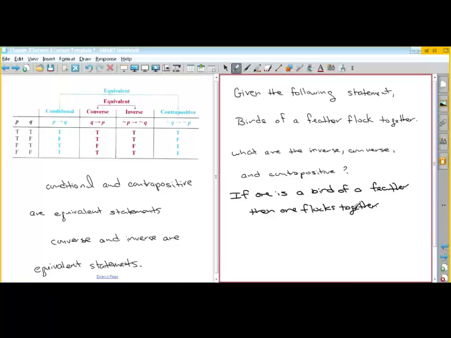Again, I don't want to use if I'm a bird because I'm not going to be a bird. So I have to be general. If one is a bird of a feather, then one flocks together.